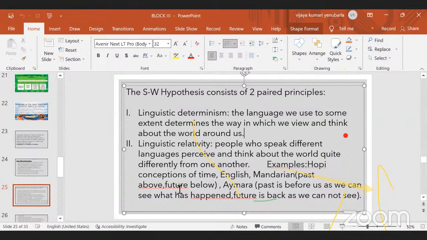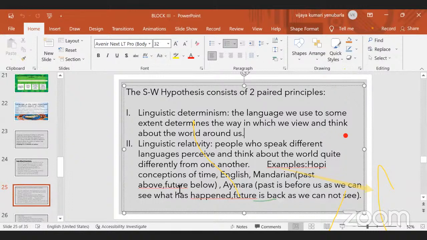While you are teaching and learning sentences, you draw a line and say this is past, this is present, and this is present continuous. You use arrows and straight lines to represent time. Whereas Mandarin speakers use a vertical line and say the past is on the top of the line, below they say future, and in the middle is the present for them.